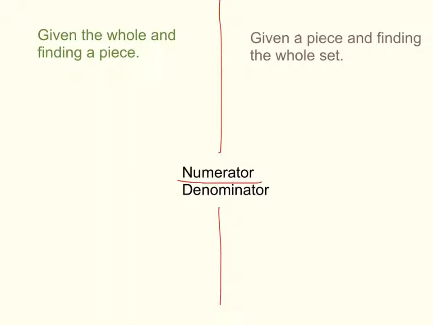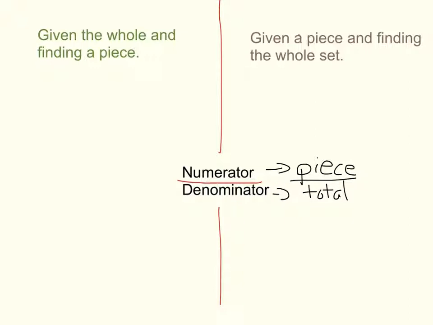In both cases, the numerator is going to represent the piece, the portion of the group that we're looking at. For example, it could be a portion of 5 boys out of a group of 10 people. The denominator is always going to represent the total.